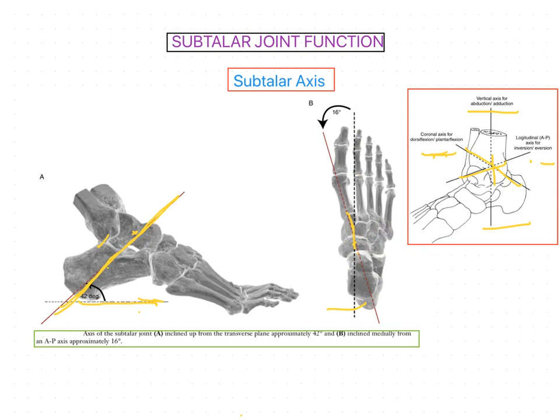It is generally considered to be the point from which the calcaneus will invert twice as many degrees as it will evert.